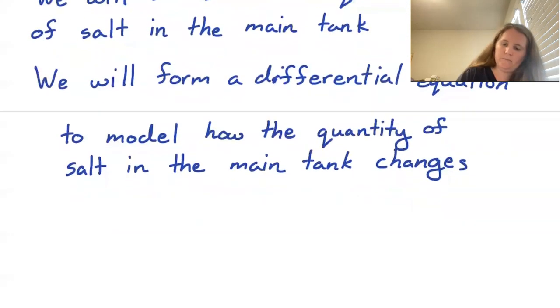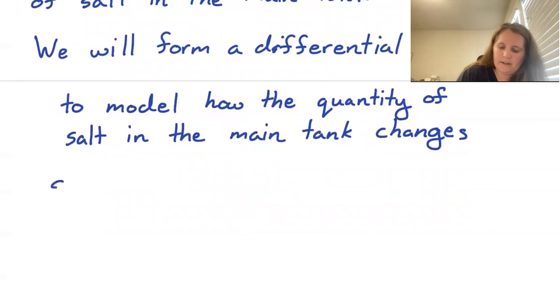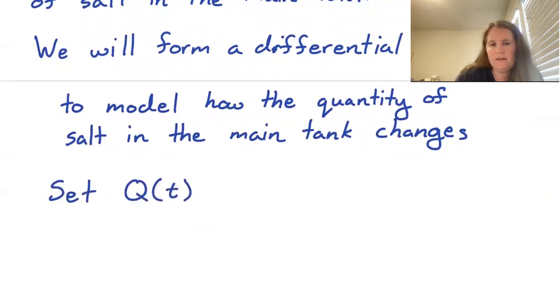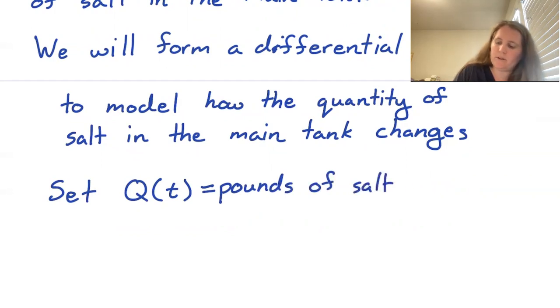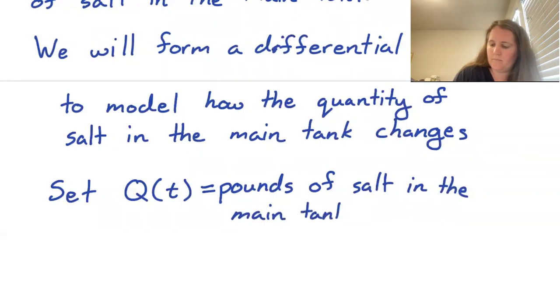So what we'll do is set Q, or Q of t, to be the pounds of salt in the main tank at time t.